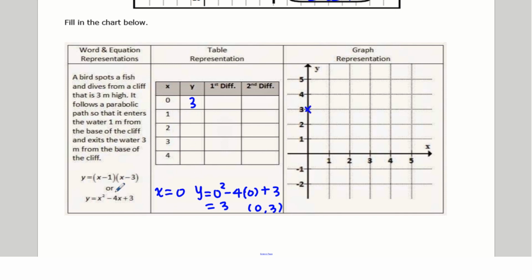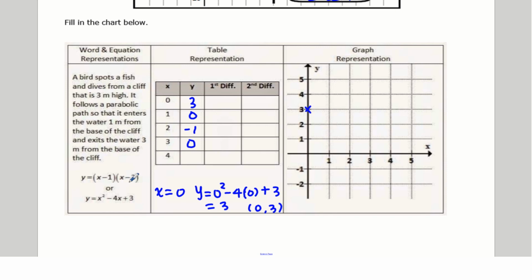Then substitute in 1. We could use the factored form. 1 minus 1 gives you 0, and 0 times anything gives you 0. Substitute in 2: 2 minus 1 times 2 minus 3 gives you 1 times negative 1, which is negative 1. Substitute in 3: 3 minus 3 is 0, and 0 times anything gives you 0.